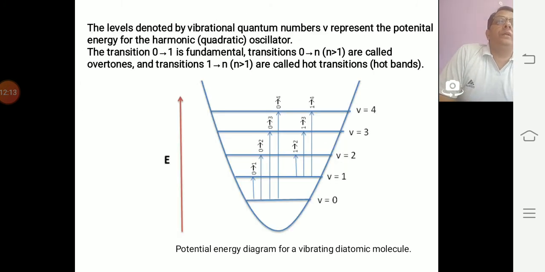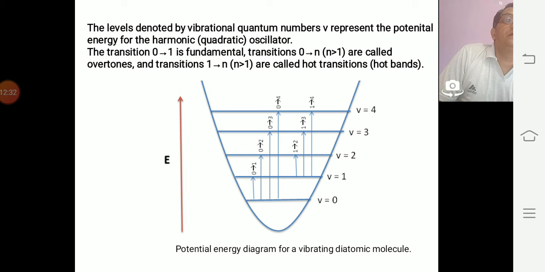Here the levels are denoted by the vibrational quantum number V, which represents the potential energy of the harmonic oscillator. The transition 0 to 1 is the fundamental transition.